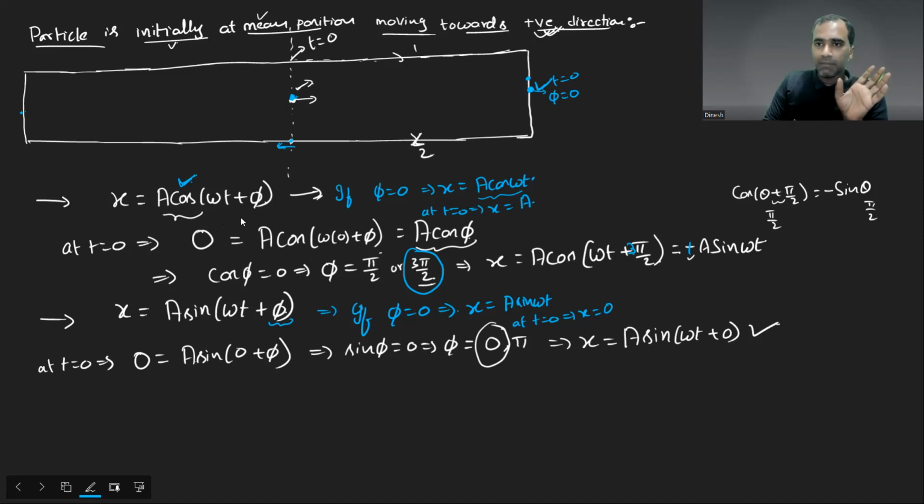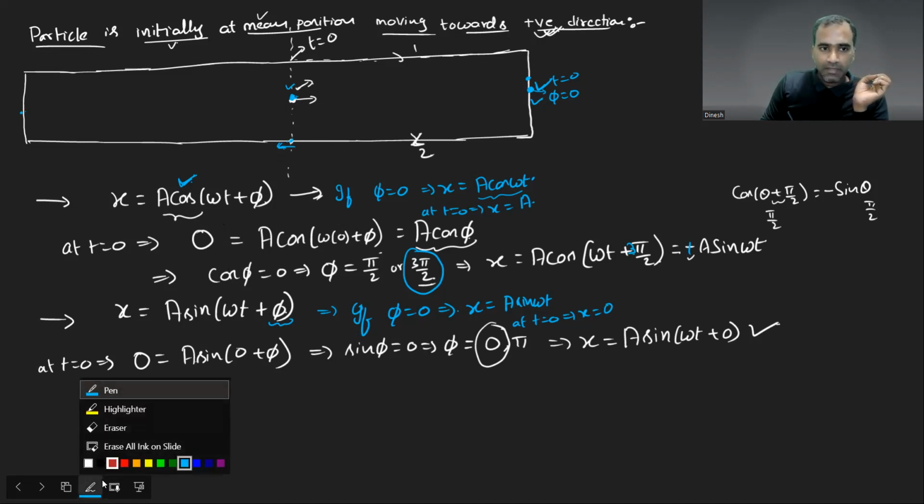But finally, you should end up with the same answer. For sine, when you take phase as 0, time as 0, you can assume that the observation starts from this position. Whereas when you're talking about cos, the observation starts from here. I think this is a little bit confusing. To remove the confusion, I'll take one more example, then it will be better.